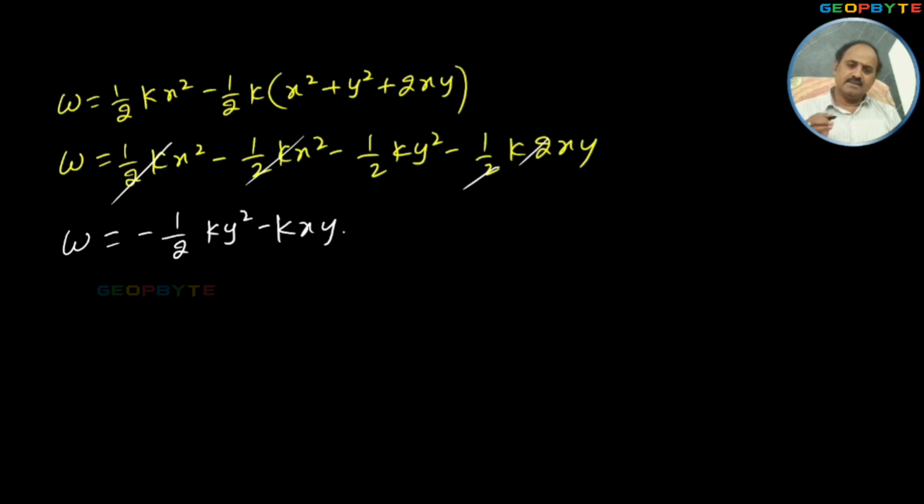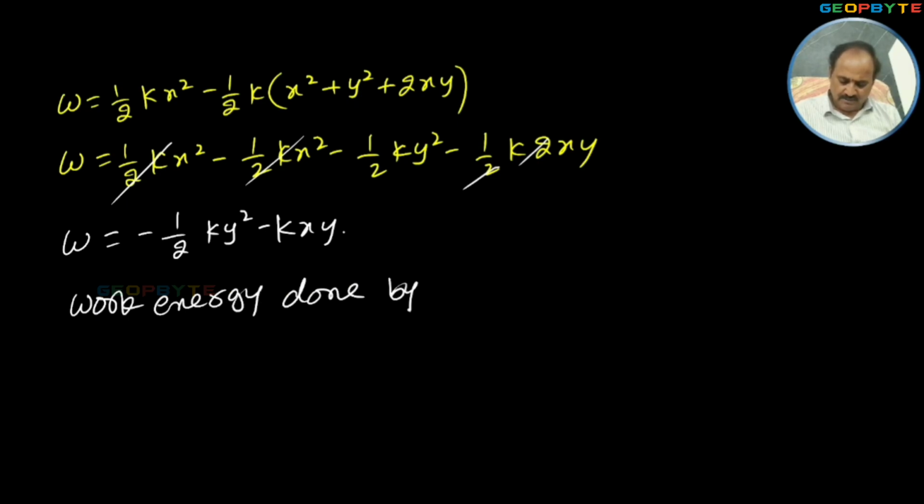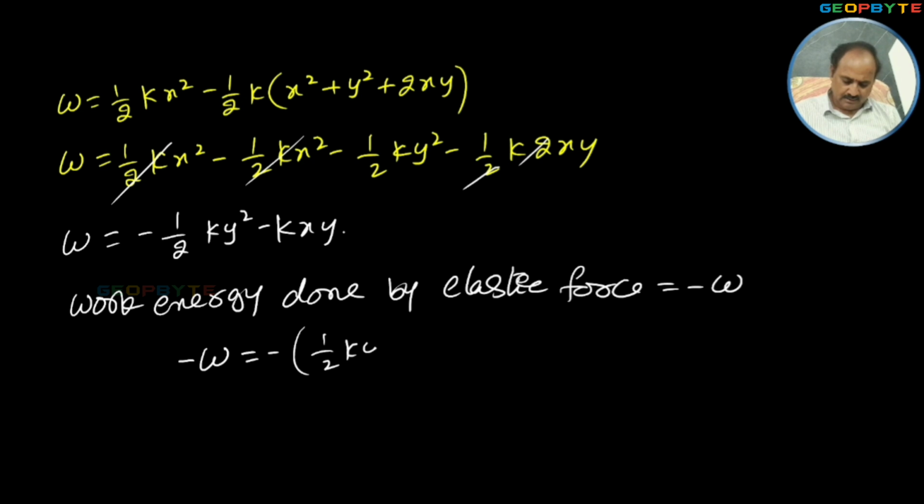Then the work done by the elastic force is equal to minus W. Therefore, it can be written as W equal to minus half ky square plus kxy. This negative sign is cancelling.